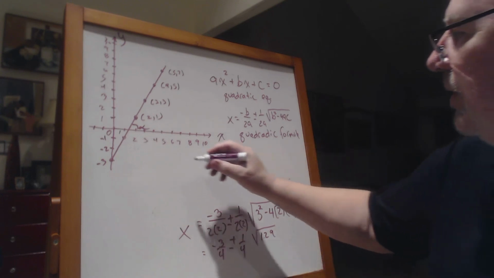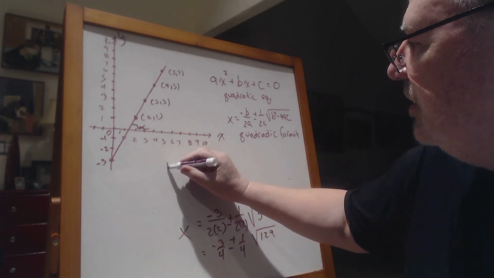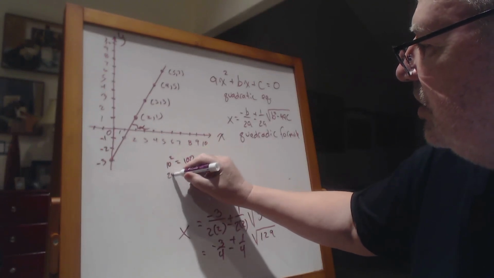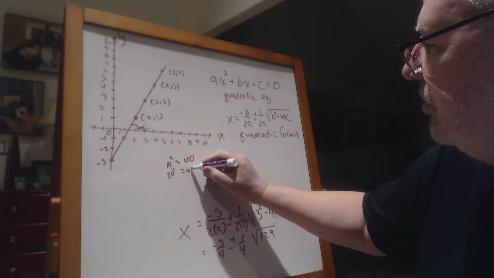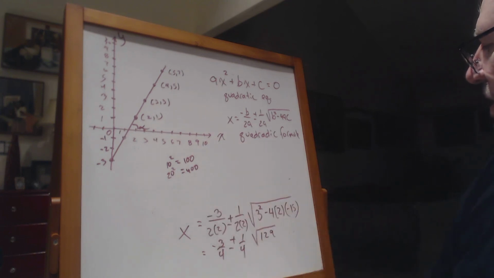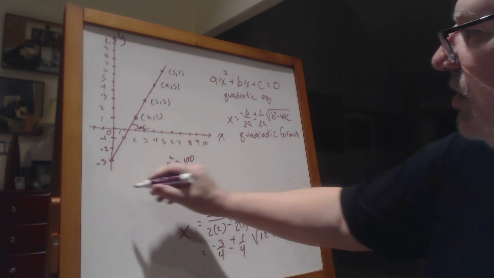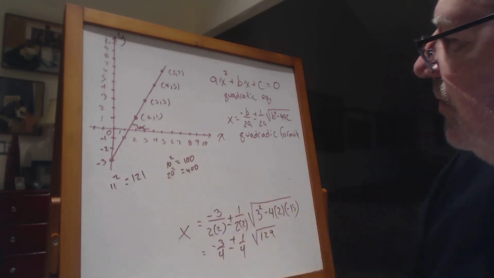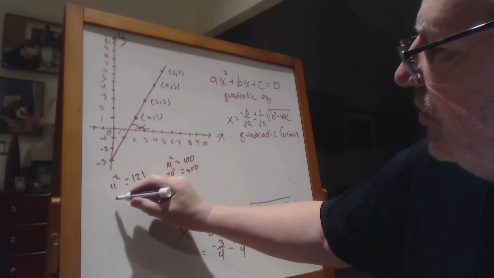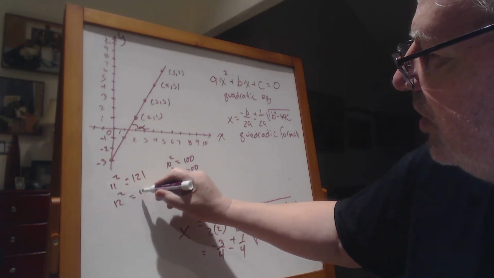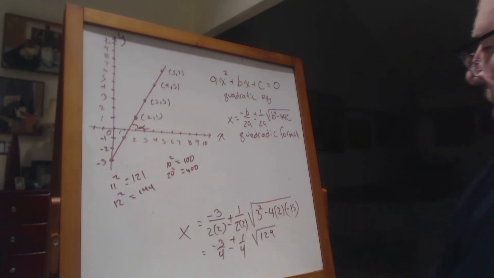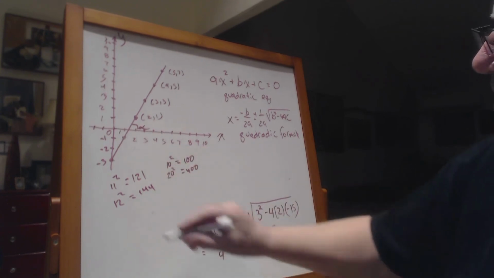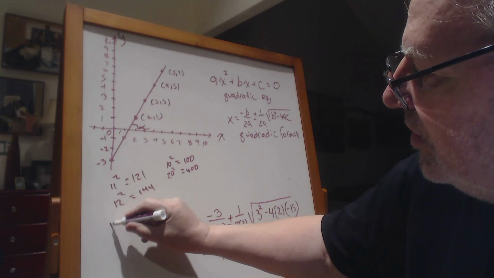Okay, so 10 squared is 100. 20 squared is 400. We got 129. So 11 squared is 121. 12 squared is 144. So it's in between 121 and 144, so it's 11 something. Let's say 11.2.